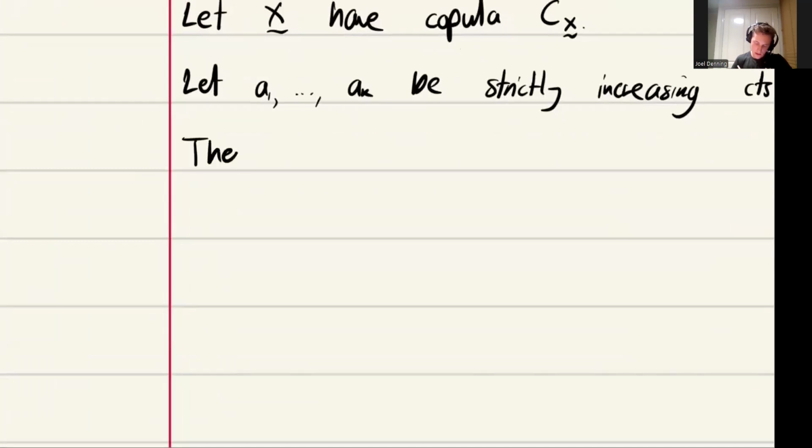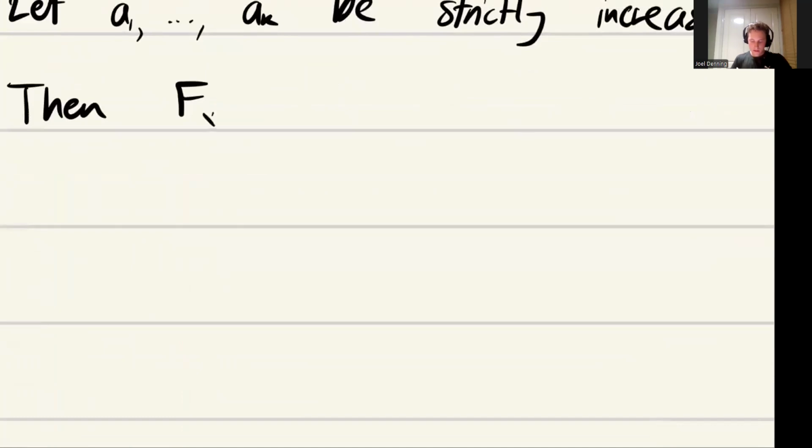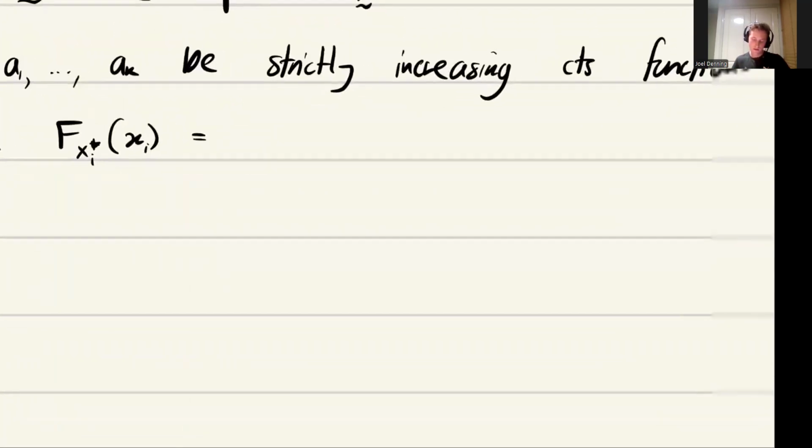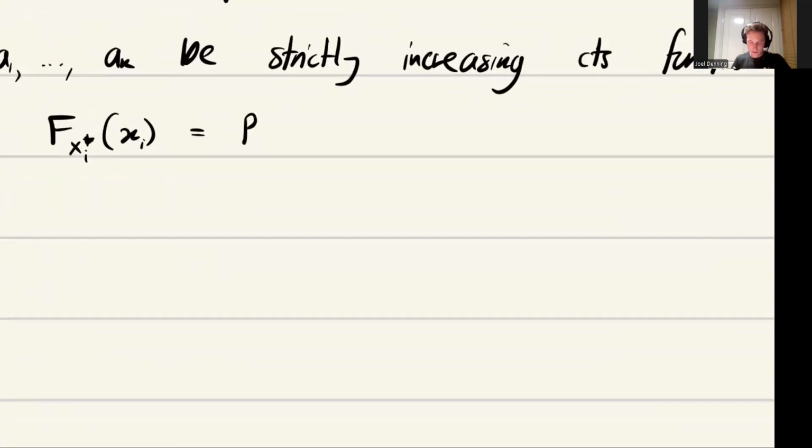Okay, then just quickly, I'm going to say that the CDF of any Xi star, so I guess I should denote these with i's, right? That's the probability that Ai of big Xi is less than or equal to little xi.